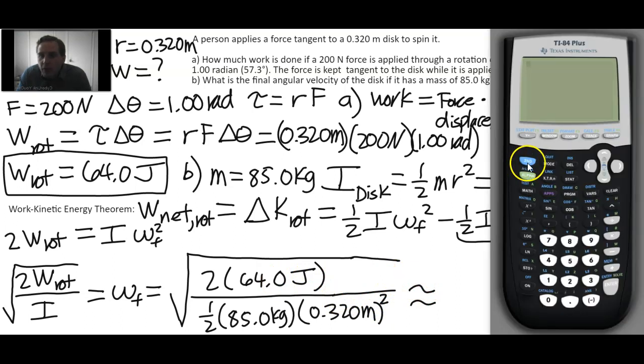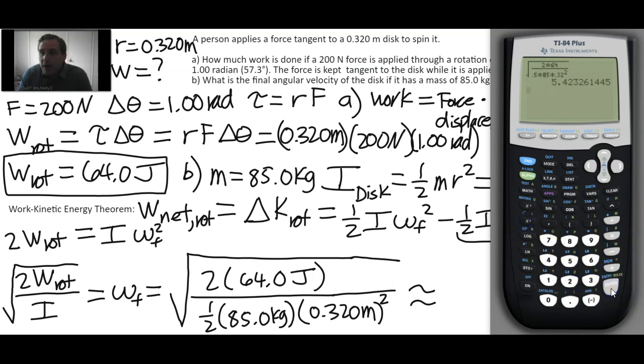So let's first start off with the square root, and then let's do a fraction stack under a square root, with numerator over denominator. So let's perform 2 times 64, ignoring the fact that the calculator does not care about significant digits, over, let's do 0.5, that'll be easiest to calculate with, times 85 times 0.32 squared.